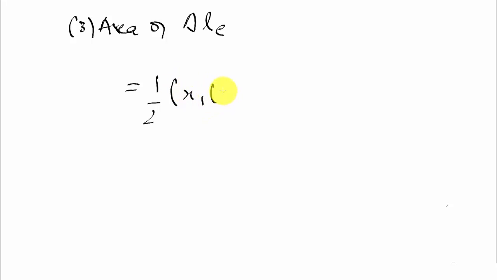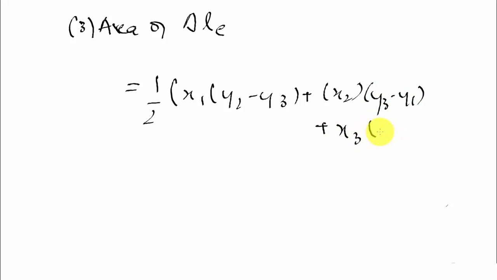Next is going to be the area of a triangle. This is going to be equal to half into x1 into y2 minus y3, plus x2 into y3 minus y1, plus x3 into y1 minus y2, and all of it is in a bracket.